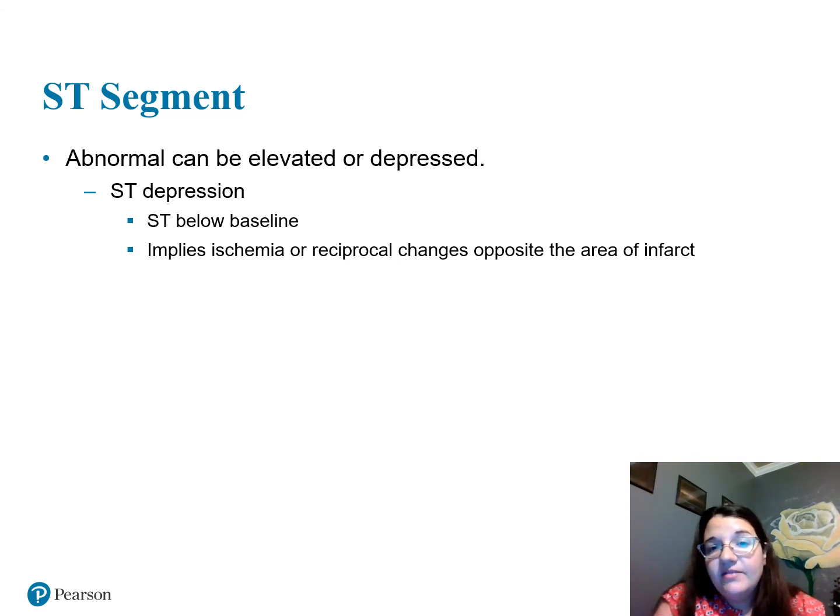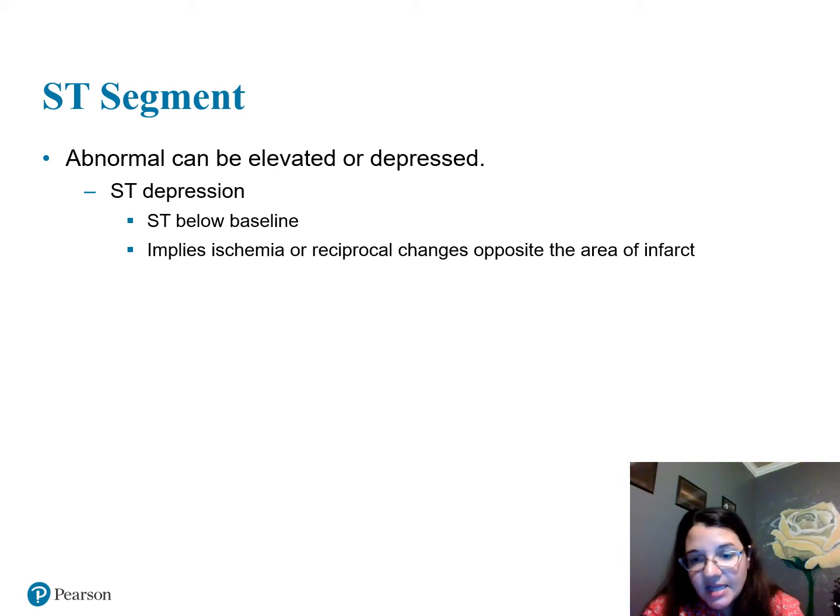Abnormal can be elevated or depressed. So we can have abnormal ST segments, and they can be elevated or depressed. Again, elevated is that positive, depressed is that negative. If the ST is depressed, it will be below the baseline. And this is going to imply ischemia or a reciprocal change opposite of the area of infarction.